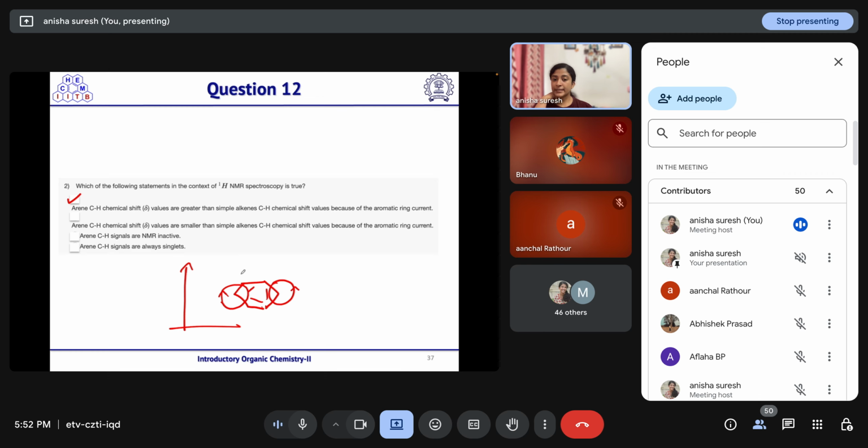So in this case, it needs lesser frequency to resonate compared to when there is no ring current present.